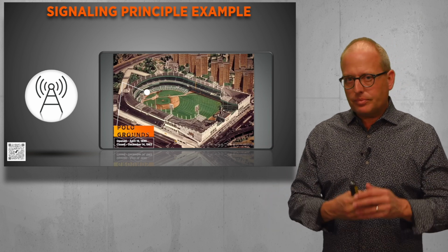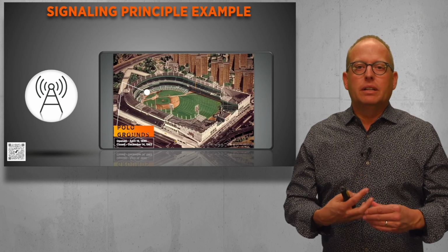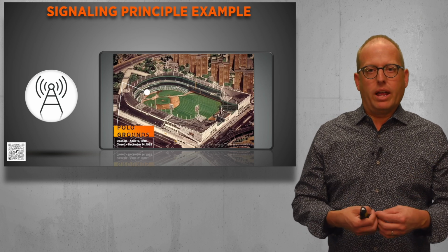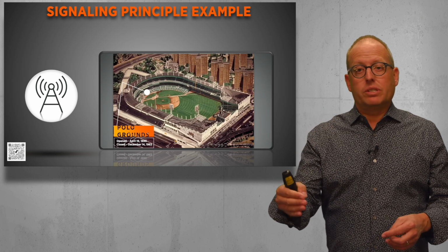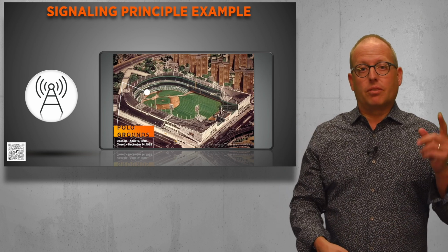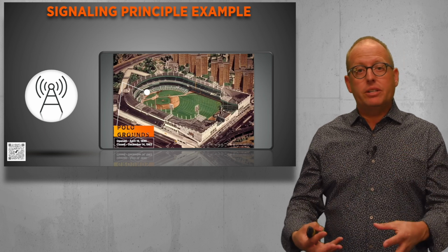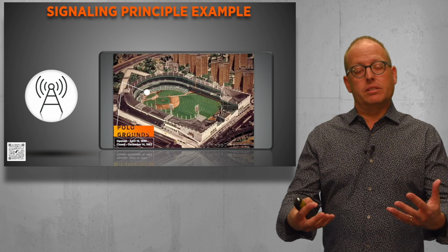Whenever it was. These are the Polo Grounds, and he's discussing how large the Polo Grounds are and how far the edge of center field was from home plate. And I'm going to give you an example of how he initially taught this information and then the signaling principle.